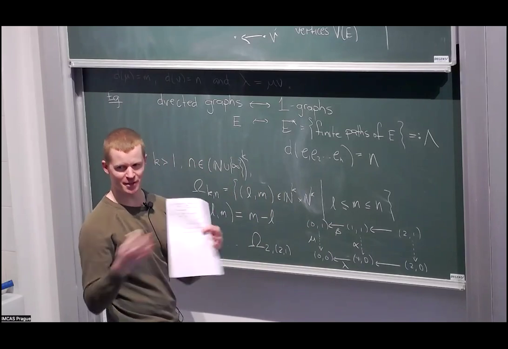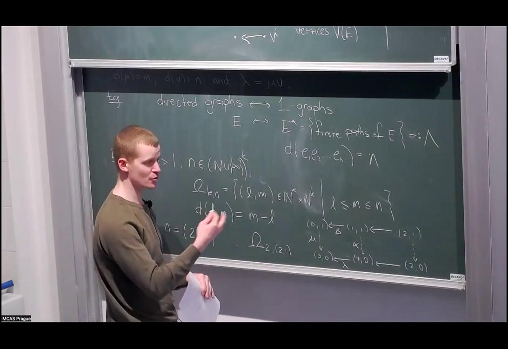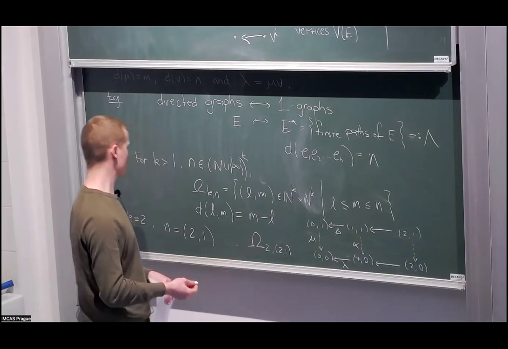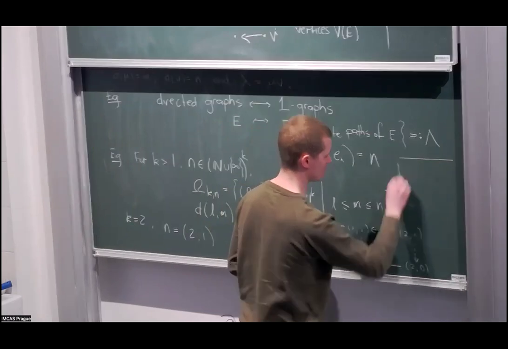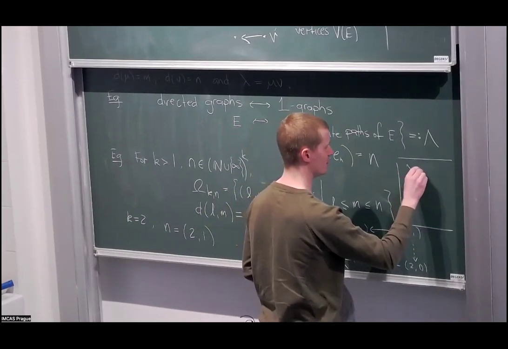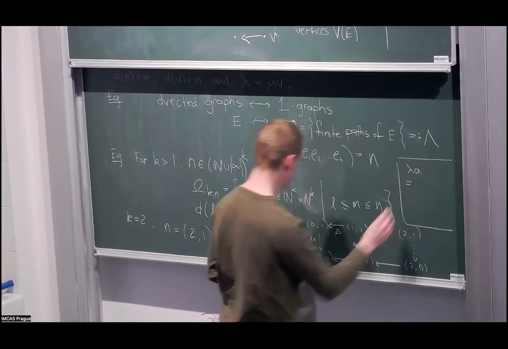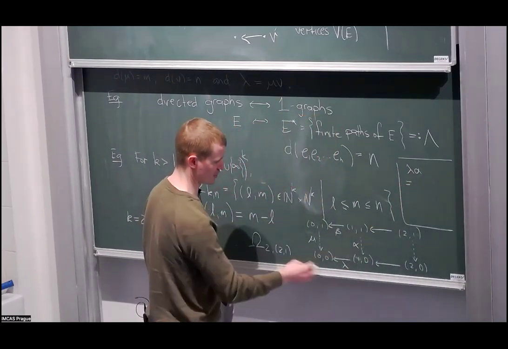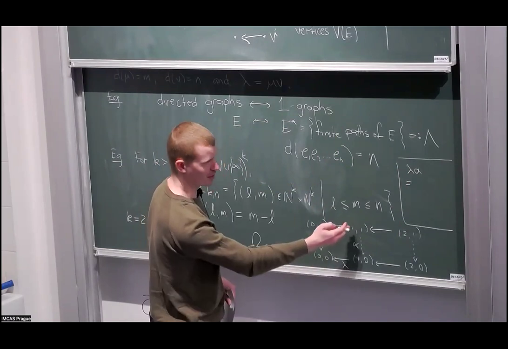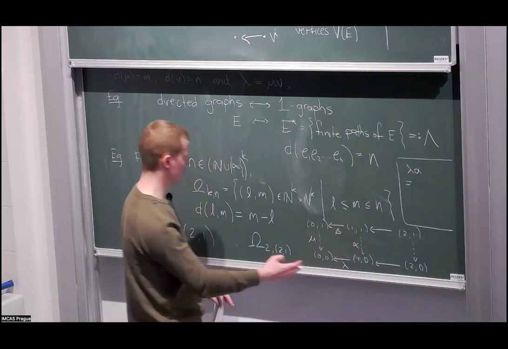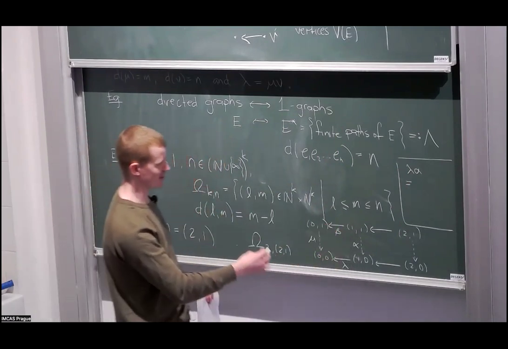Whereas a directed graph is some free structure, in this 2-graph here, I have that lambda alpha, if I compute this product, I'm going to get just the arrow from (0, 0) to (1, 1), because that's how we define the composition in this category.